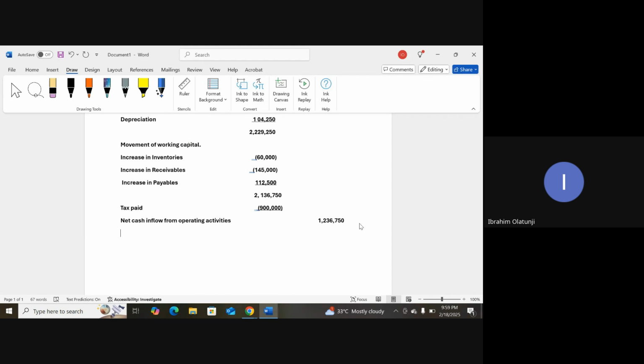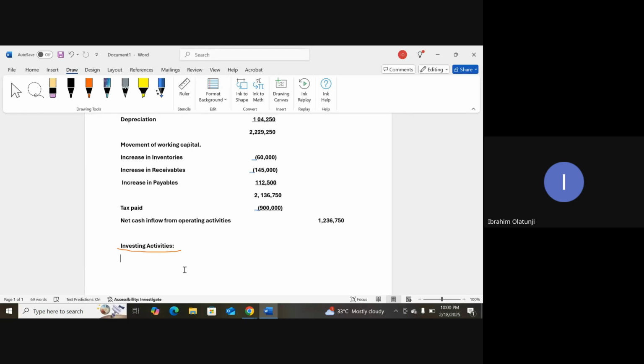Then you now move to another heading called investing activities. I explained this yesterday that investing activities is usually what you invest.